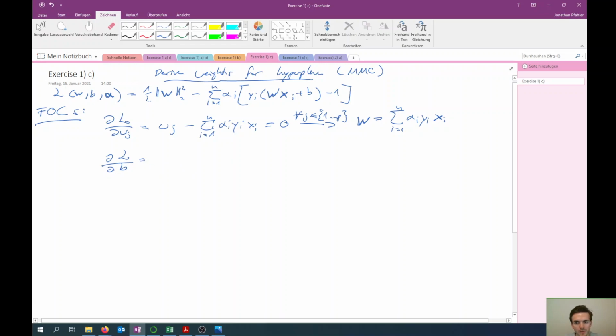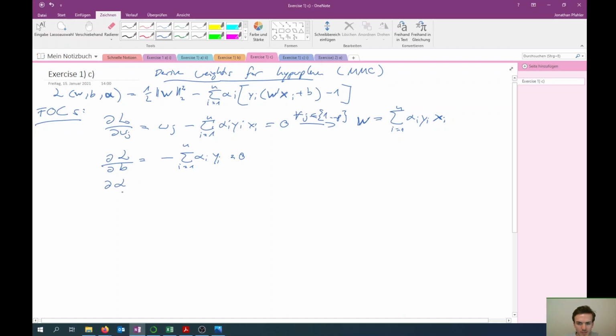Then we do the same thing for our constant. I think I called it W0 before, but it doesn't matter, it's still the same. That's equal to 0 then, due to optimality.